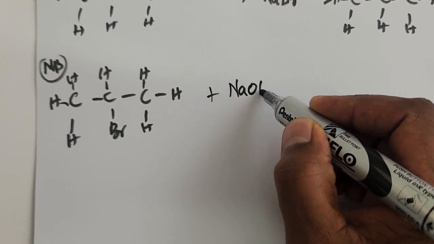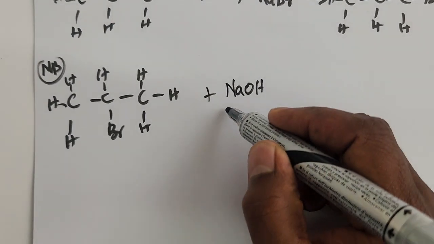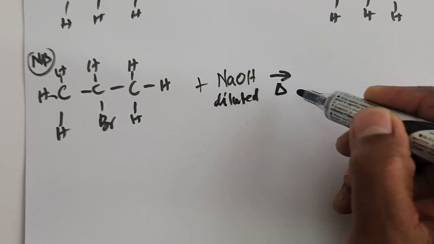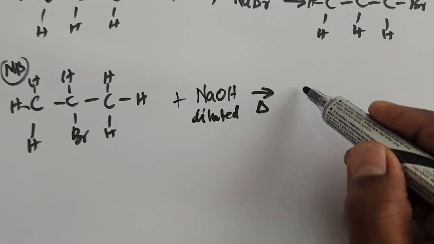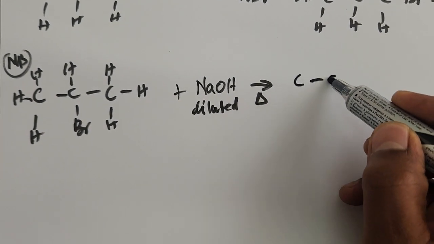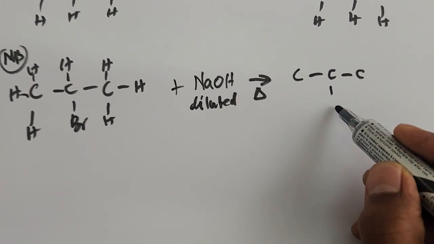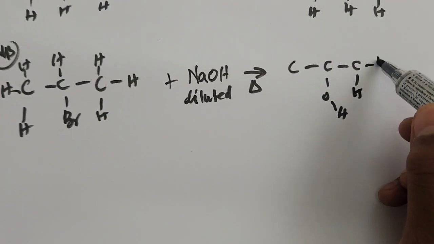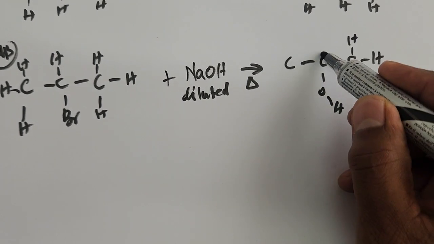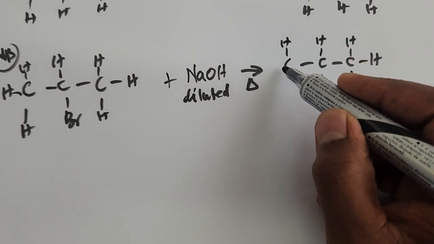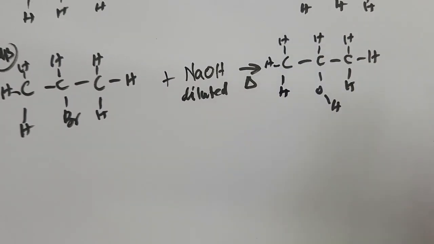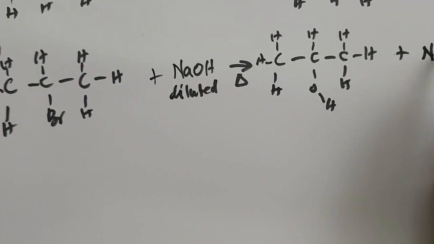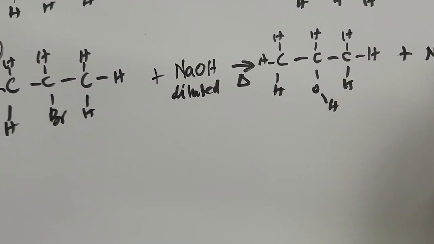Let's take the easiest one, sodium hydroxide, but it should be in dilute form, remember, plus heat. It will form an alcohol. The OH will be replacing the Br, plus sodium bromide.